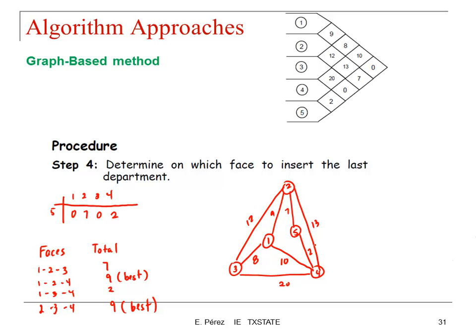So we have some connection between those two, but that arc is going to be 0. And this is giving us a placement for those departments.